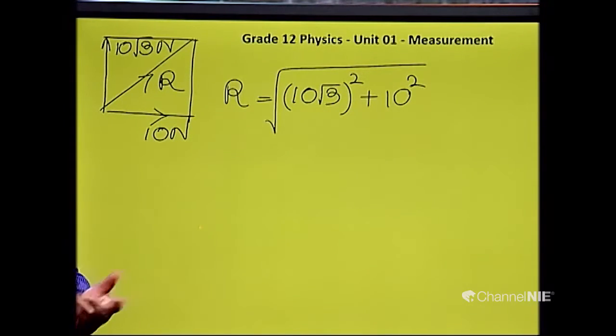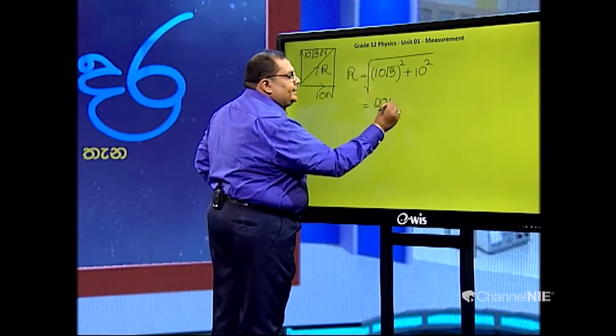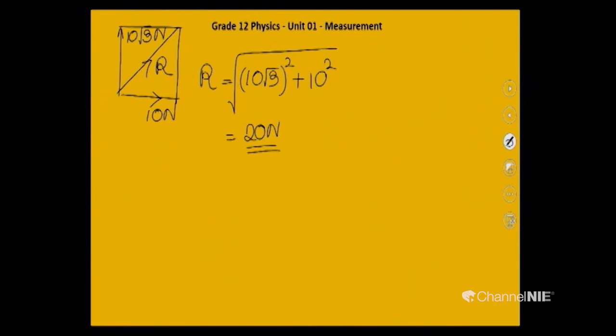Root 400, you know, 20 newtons. Resultant of them is 20 newtons, and you have to find the direction also.